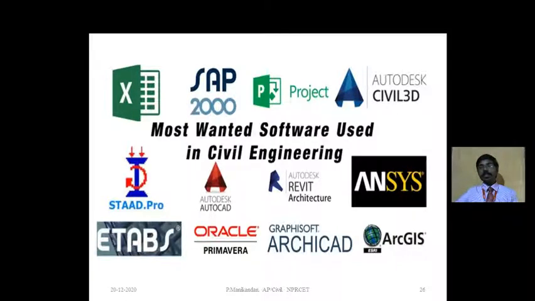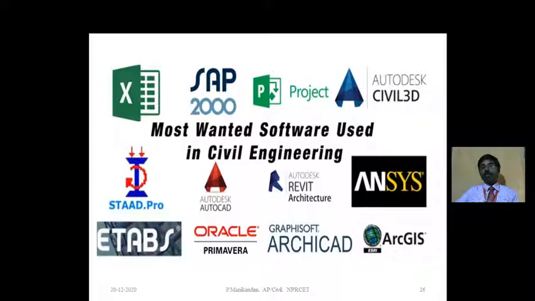As a civil engineer, we must know this software which will be helpful for us to complete the project in a short duration of time. We are all familiar with AutoCAD, which we use for preparing a 2D plan or some 3D elevation. In order to get a realistic view of a building, we go for Revit Architecture or Autodesk Civil 3D software.